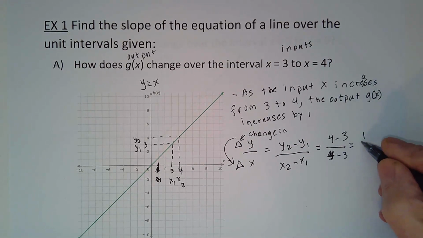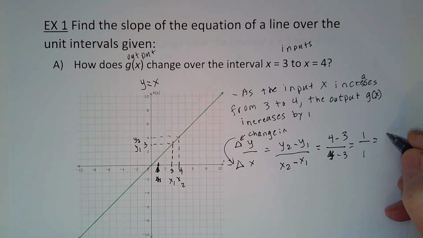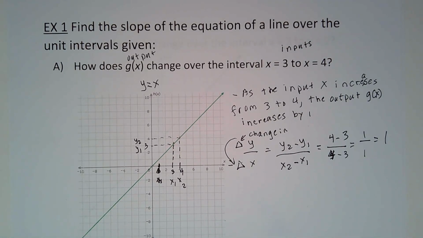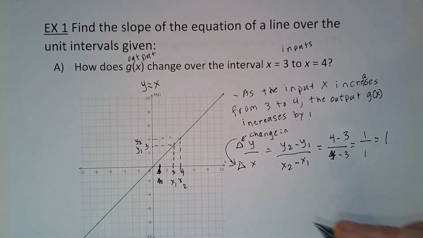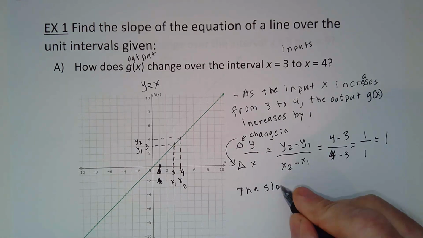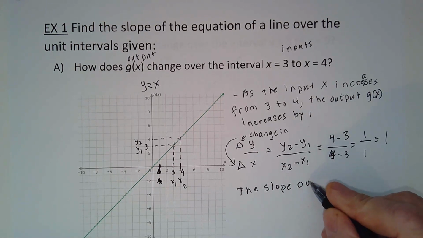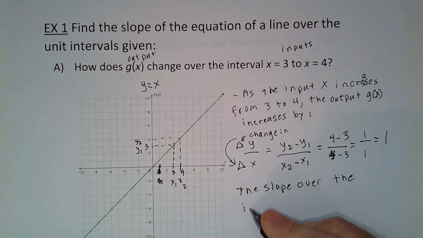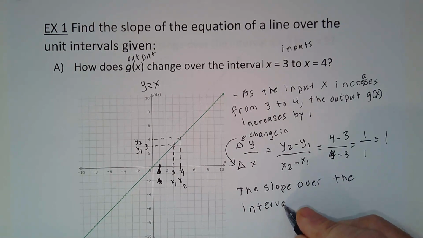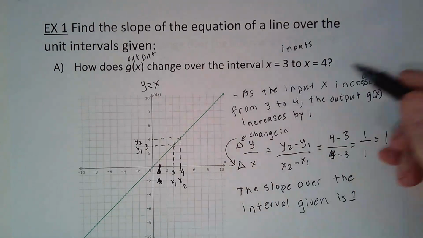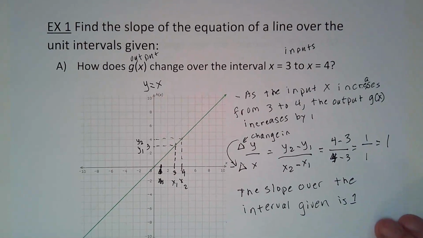And 4 minus 3 is 1, so the slope over the interval given is 1. Now that's easy to see, where you've got, again, a difference of 1 with your x and a difference of 1 with your y.